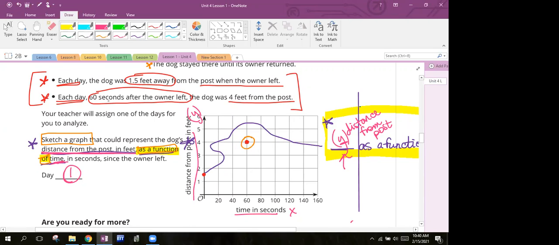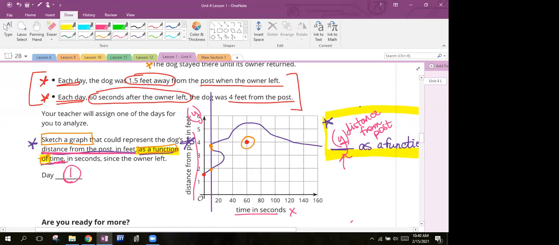We completely skipped this coordinate here, which said that each day the dog was 4 feet from the post at 60 seconds. Okay, there's one reason why it's wrong. What else? Is it a function? Right there? No. Look, it's touching my line right here, right there, and right there.